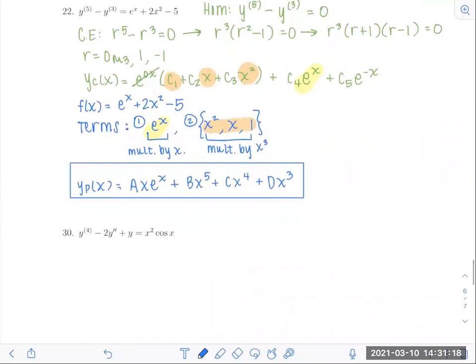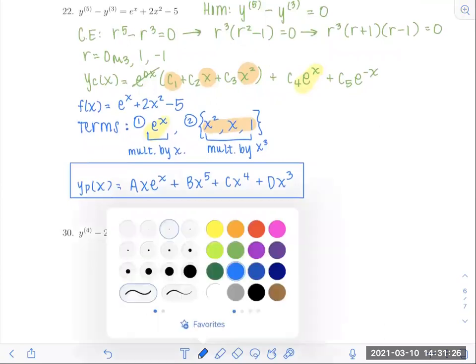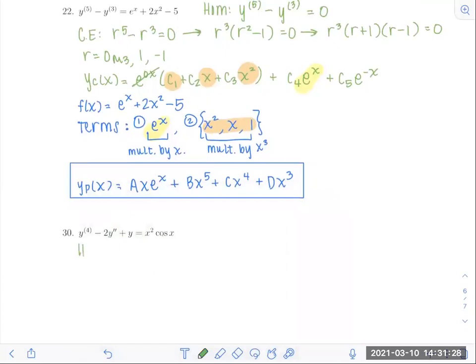All right, so we'll do another example of this exact same type. Set up, but do not solve for the coefficients. So let's look at our associated homogeneous DE. We have the fourth derivative of y minus 2y double prime plus y equals 0. The associated characteristic equation is r to the fourth minus 2r squared plus 1.